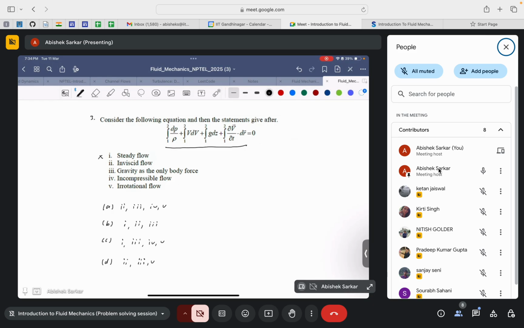Flow is inviscid because there is no mention of the viscosity here, so this is correct. Gravity is the only body force that acts in this particular equation. Why have you mentioned steady flow is incorrect? Oh, because this term is there, right?